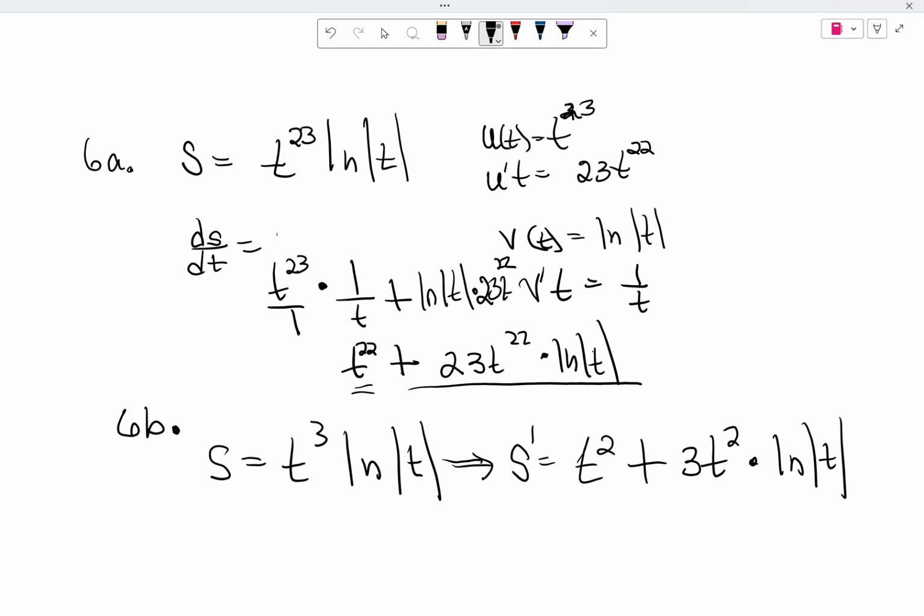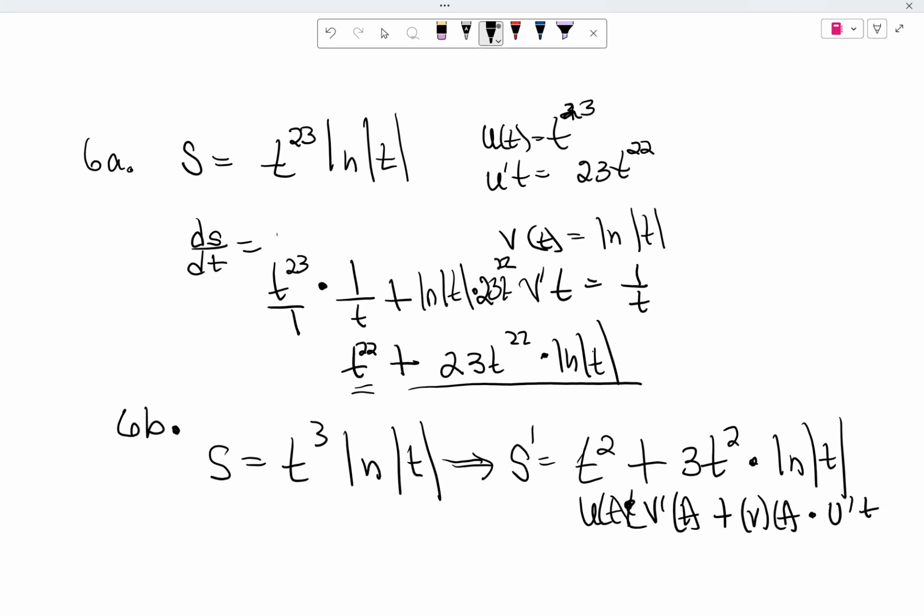And again, just simply follow the product rule, which is you're looking at your u of t in this case, your u of t times that v of t derivative plus the v of t times that derivative of u of t.